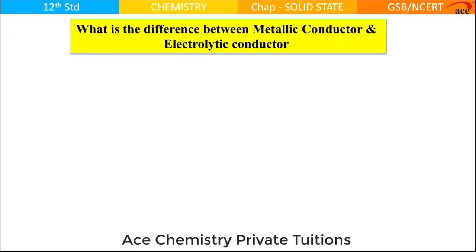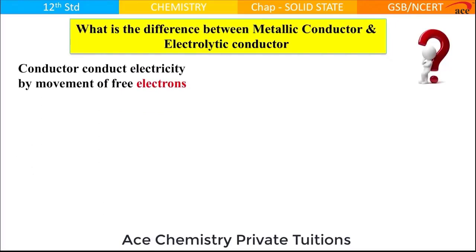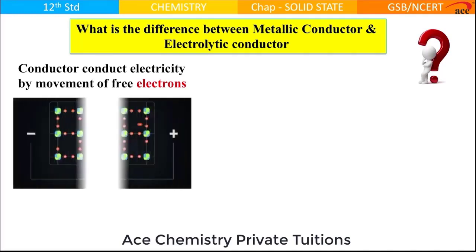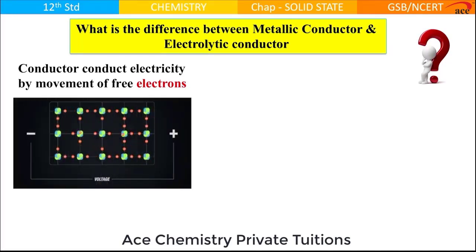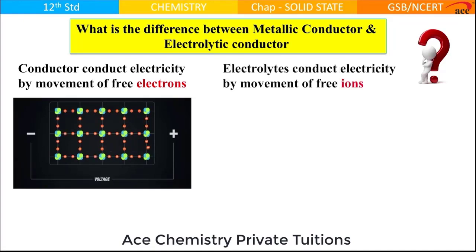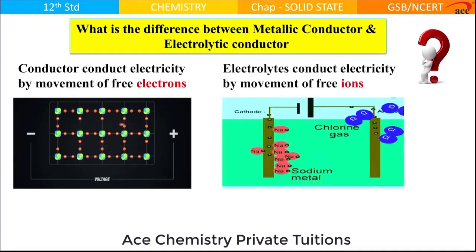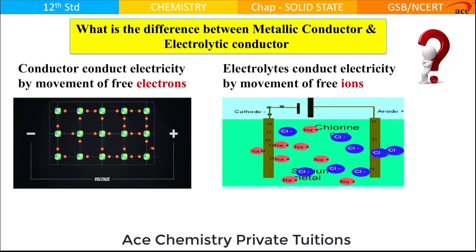Then, what is the difference between a metallic conductor and an electrolytic conductor? Right, immediately if you say conduction is due to free electrons, then you should know it is a metallic conductor. It is due to free electrons, where electrons go from negative terminal to positive terminal. Free electrons are responsible for metallic conductivity, while conductivity due to free ions is called electrolytic conductivity.